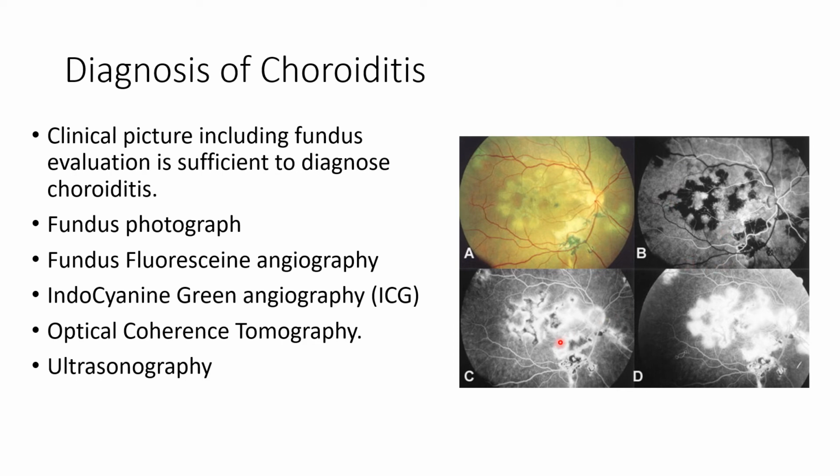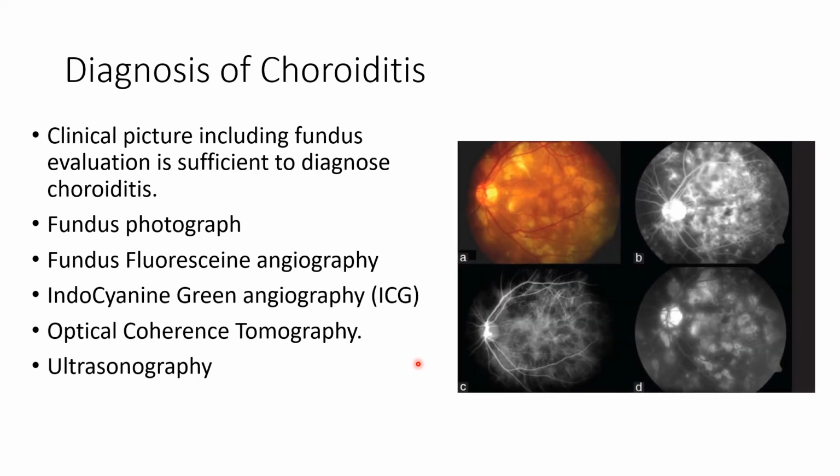Later on, as time passes, the same area becomes hyperfluorescent, and later on they stain, so they are hyperfluorescent when compared to the rest of the retina. Fundus fluorescein angiography is slightly different for most types of choroiditis, and this can be used to clinch the specific diagnosis. Now there is one more angiography, which is indocyanine green angiography.